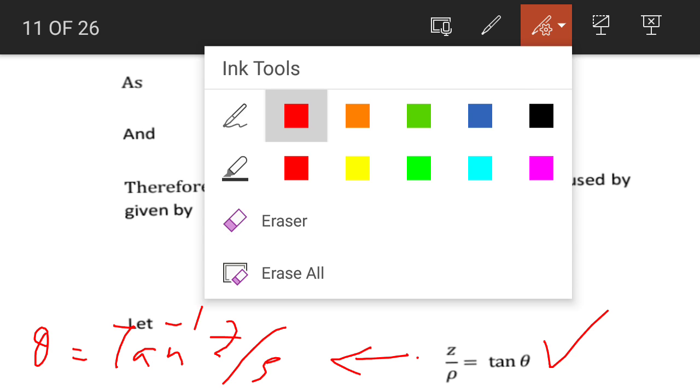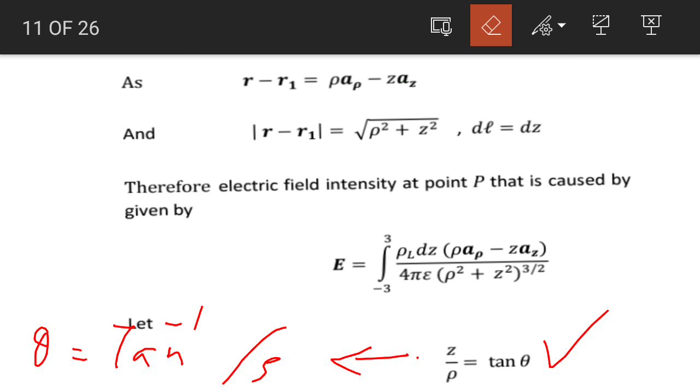So when z is minus 3, then we will have tangent inverse minus 3 by 4, and this angle will be minus 36.8.